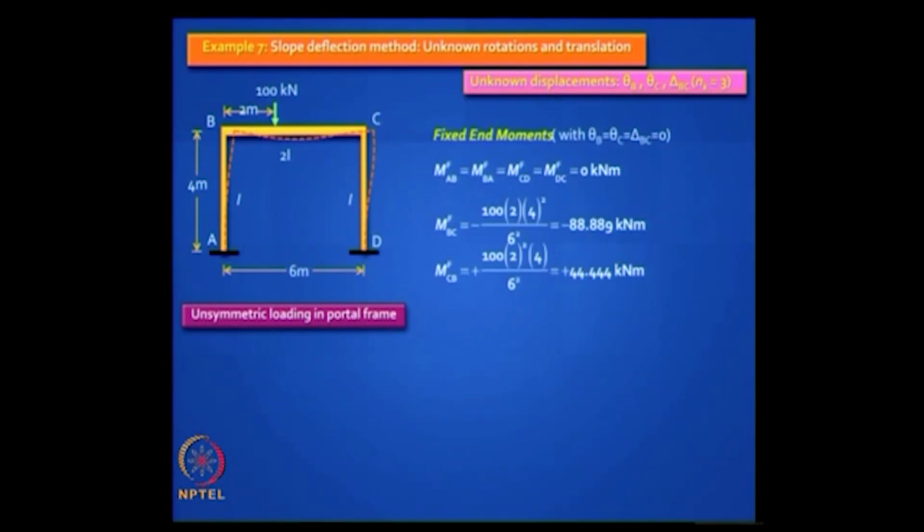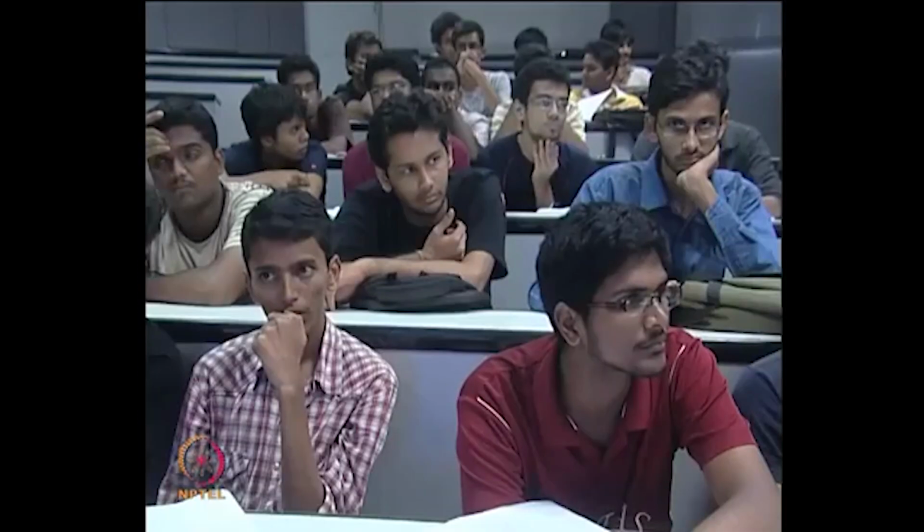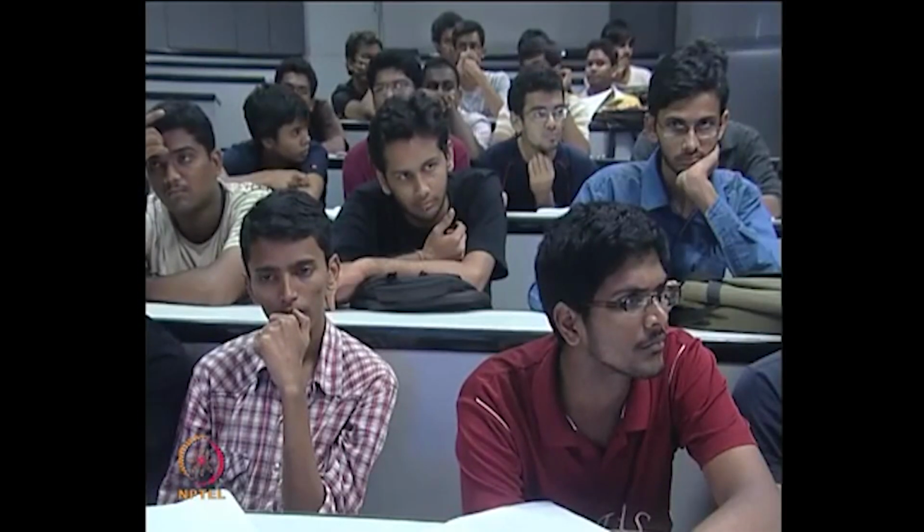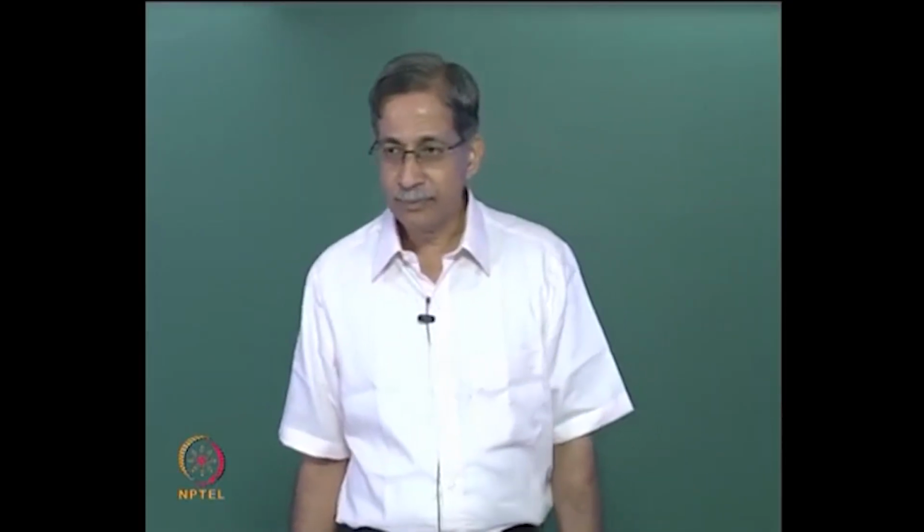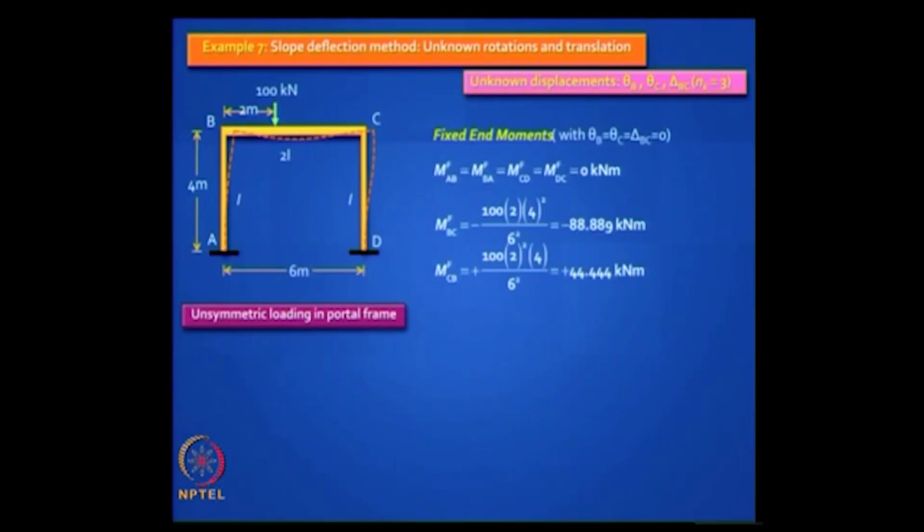Now what do we do next? Slope deflection method. What do we do next? You have to write down the slope deflection equations, okay. Chord rotations are clear here, right. So what will they look like? Will you try it? Write down the slope deflection equations for the three members AB, BC and CD.